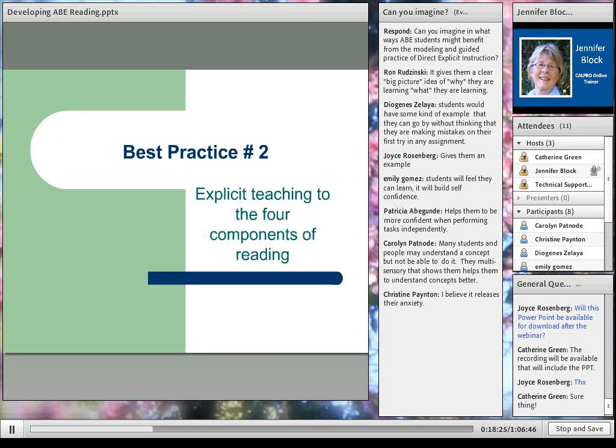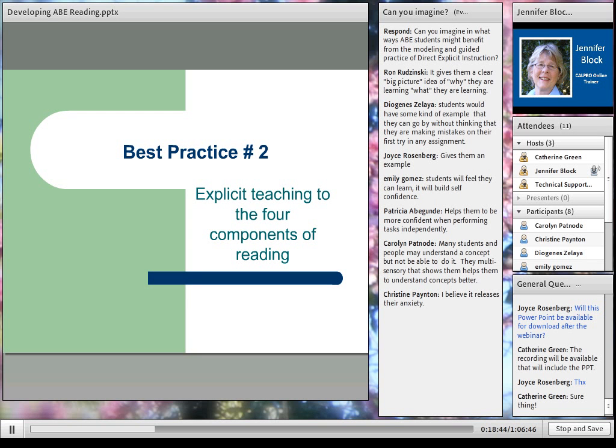All right, and we're ready to move on to our next best practice in reading instruction, which is explicit teaching to the 4 components of reading.